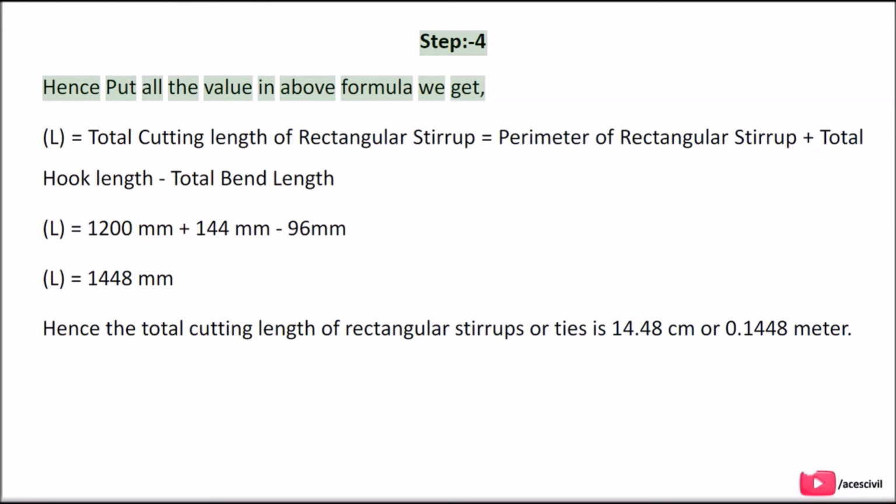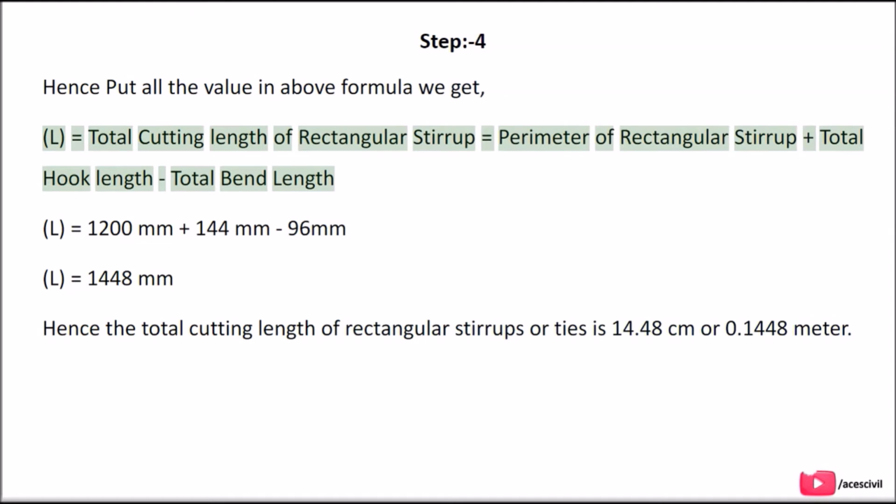Step 4: put all the values in the above formula. L equals total cutting length of rectangular stirrup equals perimeter of rectangular stirrup plus total hook length plus total bend length.